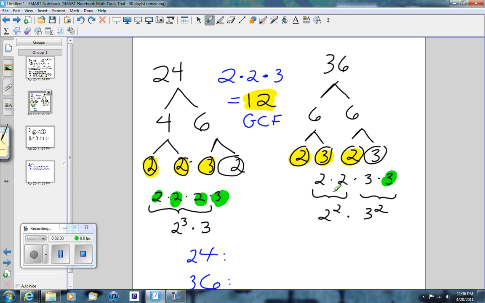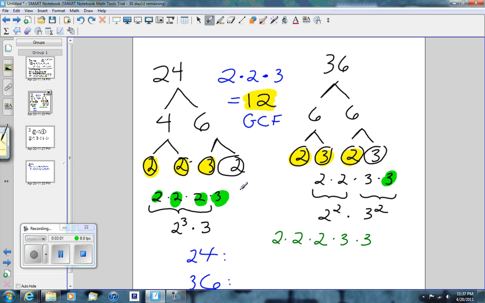In order to build both of these numbers, 24 and 36, with prime numbers, I needed to have at least 3 2s, because this one needed 3 and this one only needed 2, and I needed 2 3s. 24 only needs one of them, but 36 needs both of them.